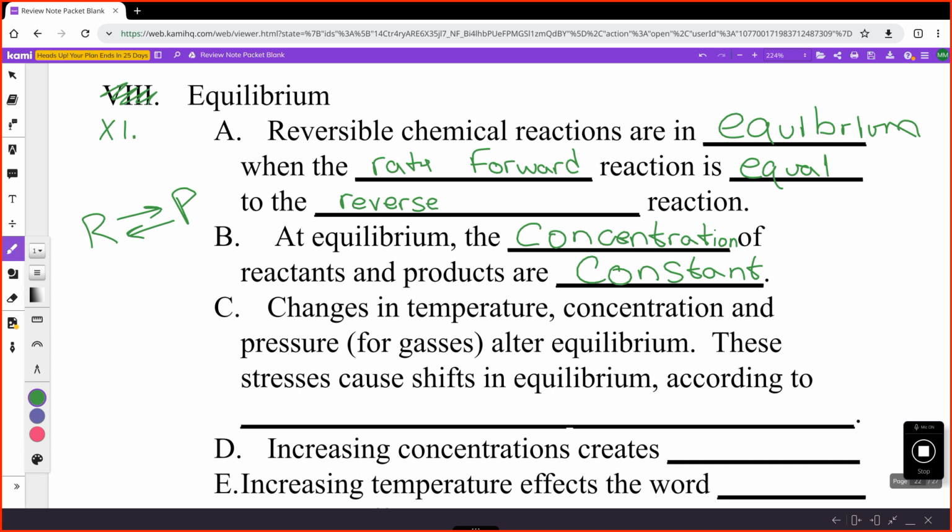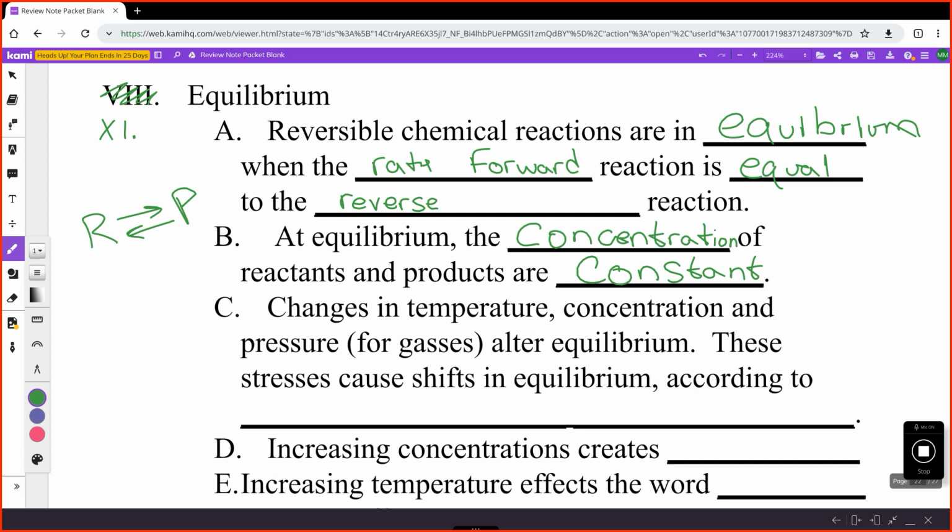It would be nice. That would be the shortest unit in the history of all of school if that was all this unit was about. But in chemistry, things get chaotic. Right? And we can change and alter the equilibrium and we can stress the equilibrium. And for this curriculum, we stress this in three ways: temperature, pressure, and volume.